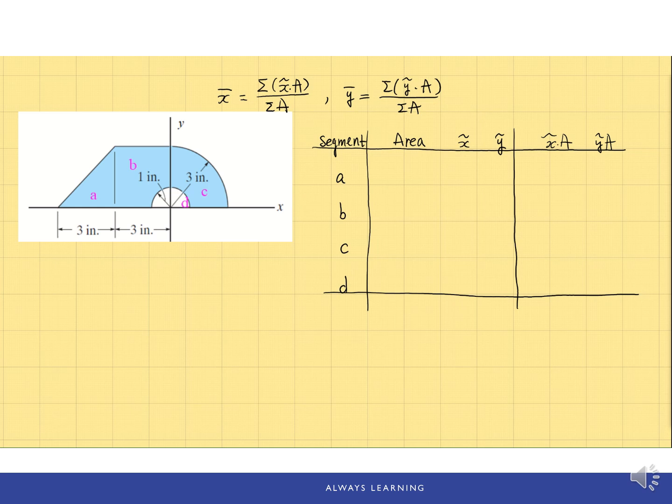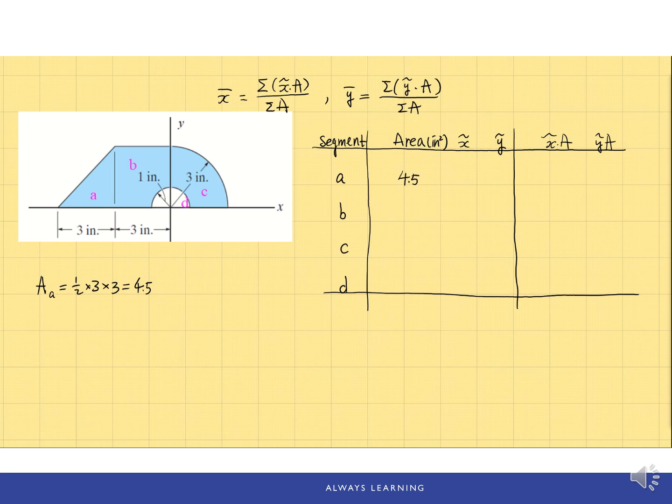So first, let's take a look at A, which is a rectangle, or sorry, is a triangle. So area A will be half of 3 times 3, so it's 4.5. Let's put the unit here, inch squared, so it will be 4.5.